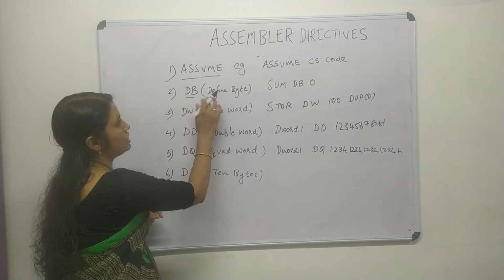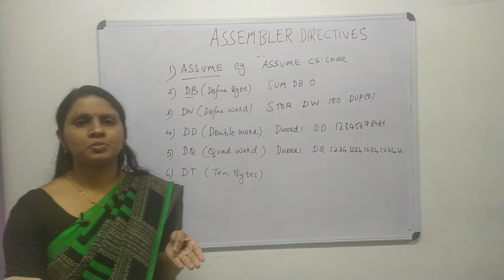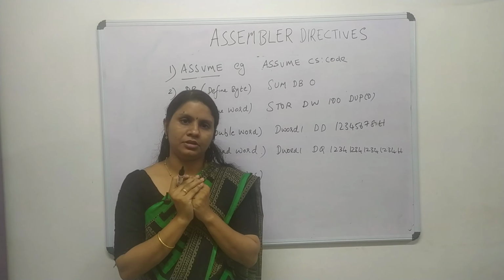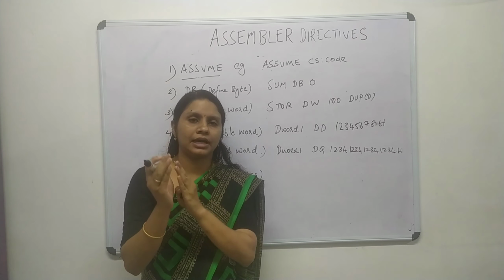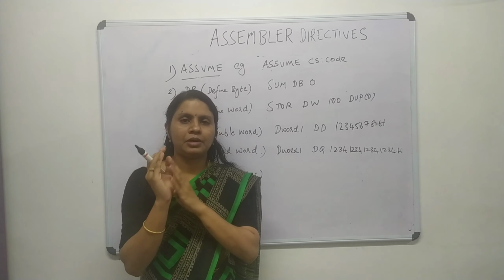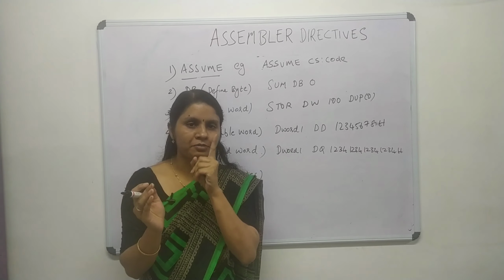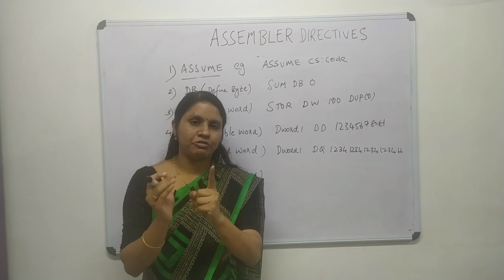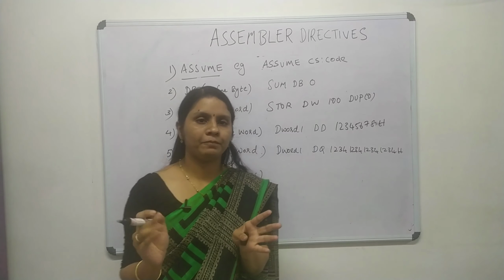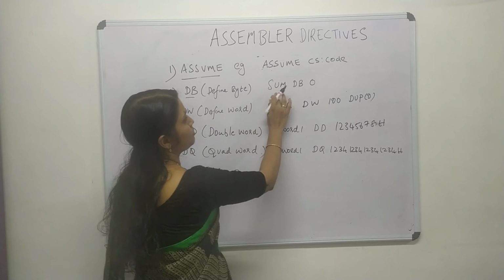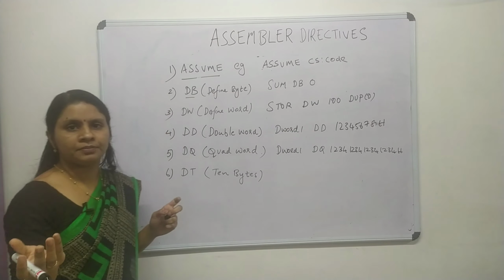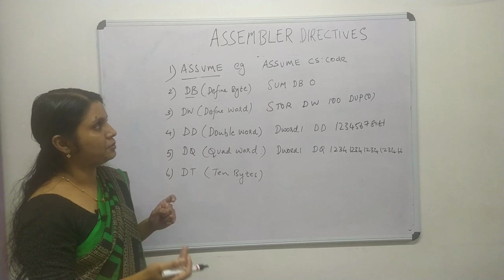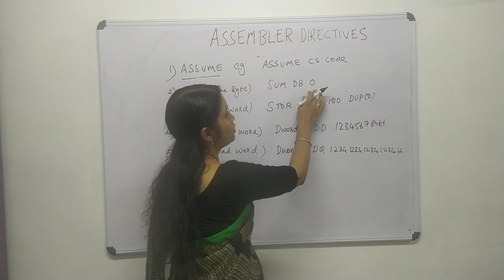Then the second directive is DB, which stands for define byte. It will define a byte type variable, or store a byte type variable in a memory location, just one byte. For example, SUM DB 0 means SUM is the variable and it is initialized with the value 0.